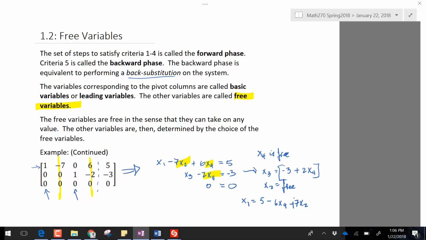Okay. So this is our solution. It looks like a funny looking solution. And when we have free variables, we can let them equal to whatever we want.